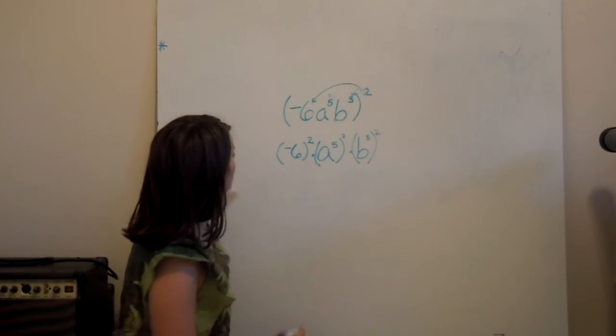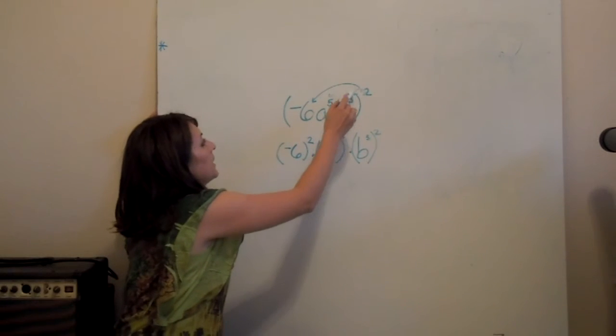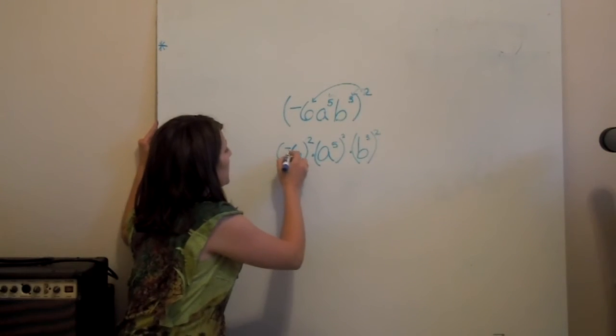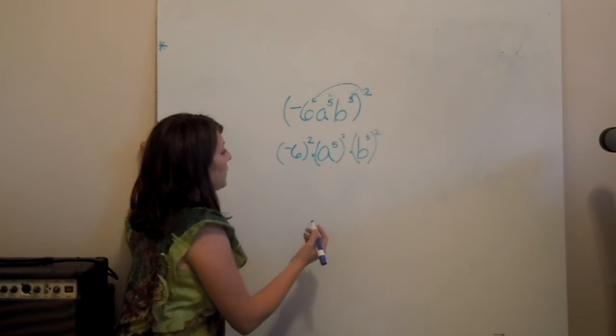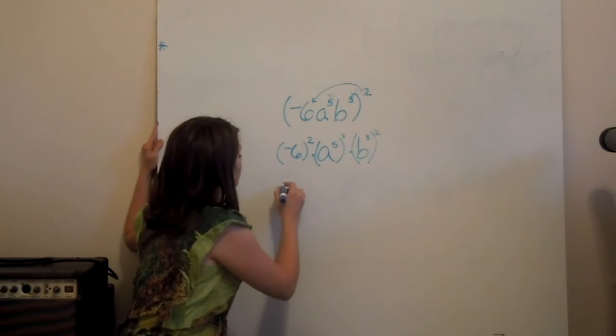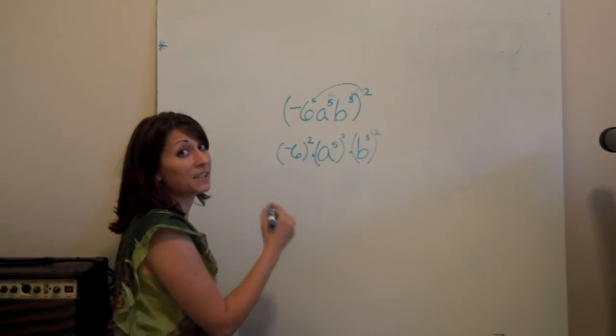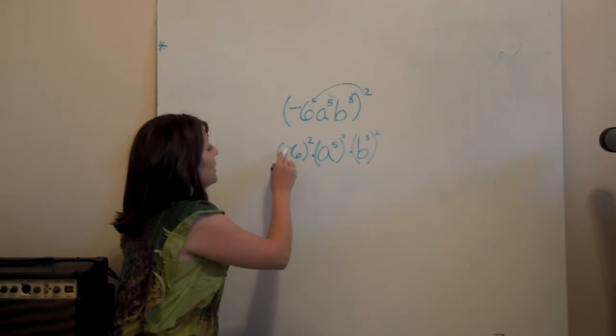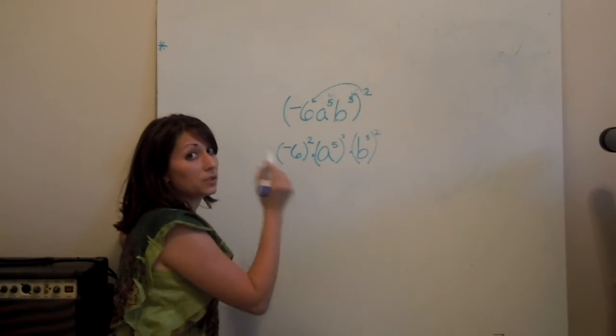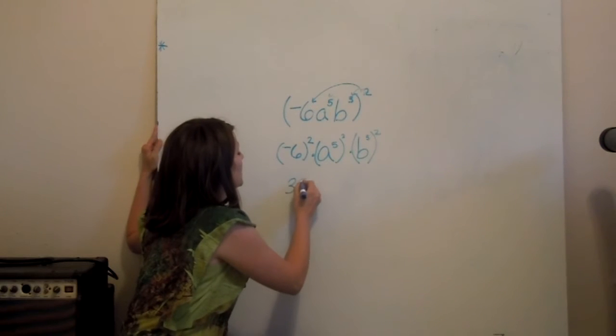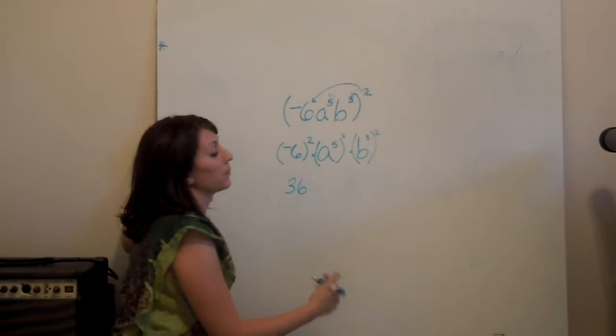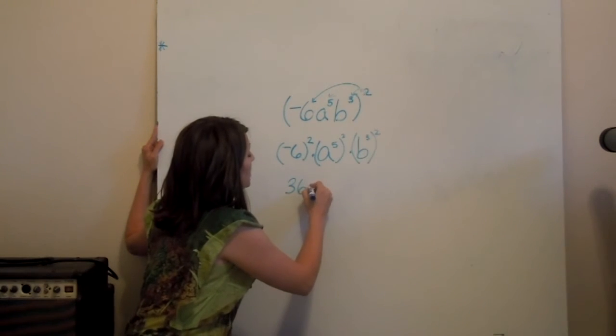And then I simplify these. So that was our product, and now we do the power-to-power rule. Negative 6 to the 2nd power, or negative 6 squared, is negative 6 times negative 6. There's a negative inside the parentheses, so we count that 2 times. That means it's going to be a positive 36, because there's an even number of negative signs in that product.